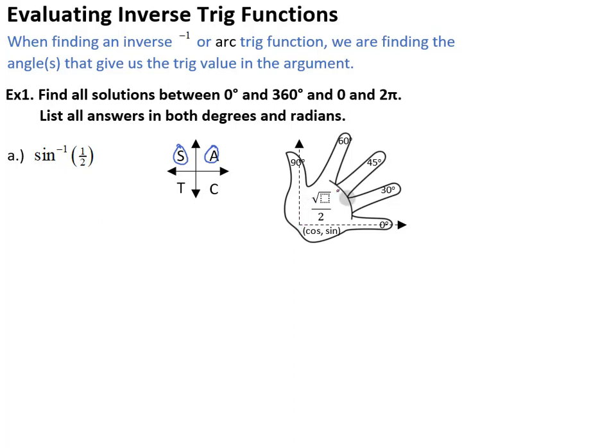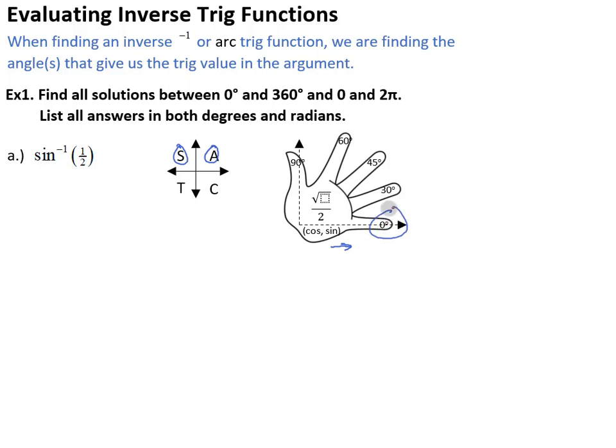If we remember, when we're using our left hand trick, sine is what we count on the right. So think about, in my format here, square root of blank over 2, what would I need to put in here? How many fingers would I need to have left up on the right? To get to a value of 1/2, we would need to leave one finger up.